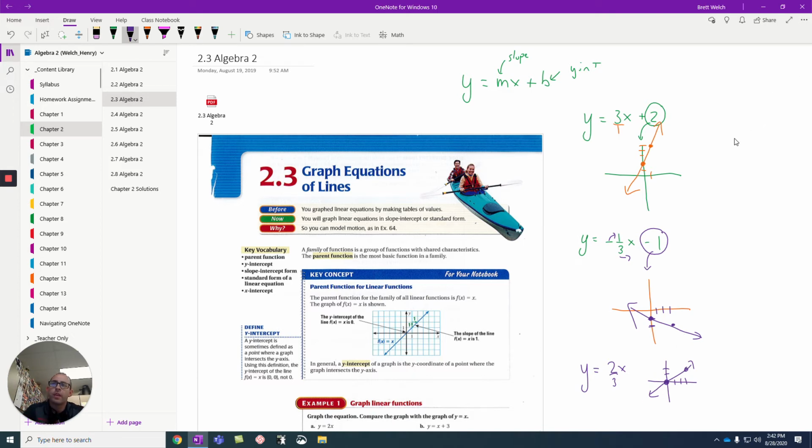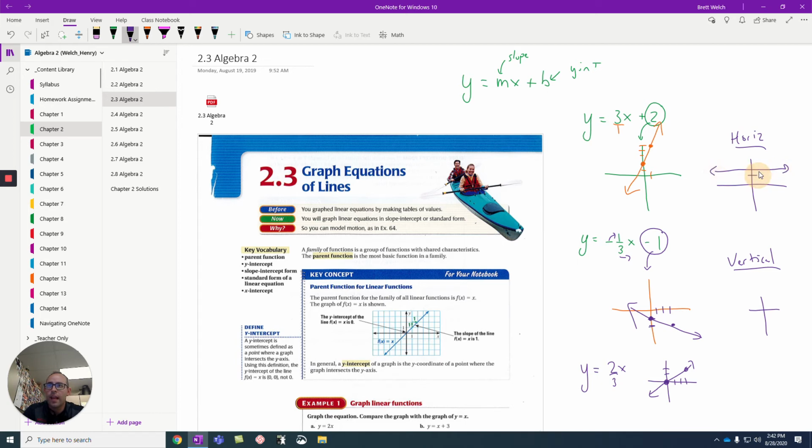The two other special cases are our horizontal and our vertical lines. They will not look like slope-intercept form. You might not see these in this assignment, but it's worth talking about while we're talking about how lines are graphed. For a horizontal line, that means your line is going sideways, like this.